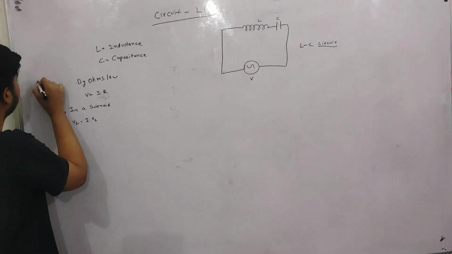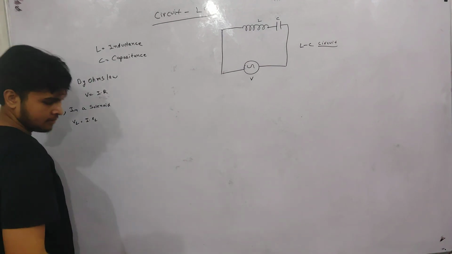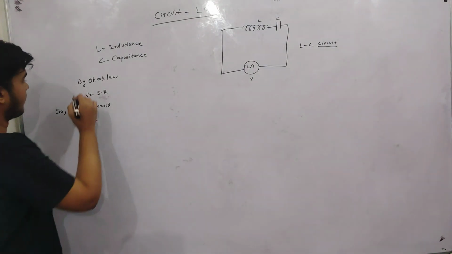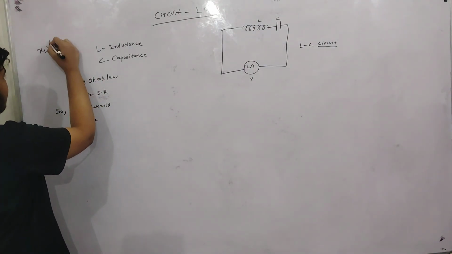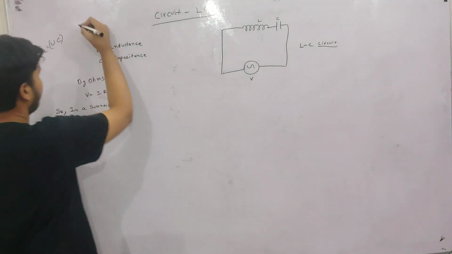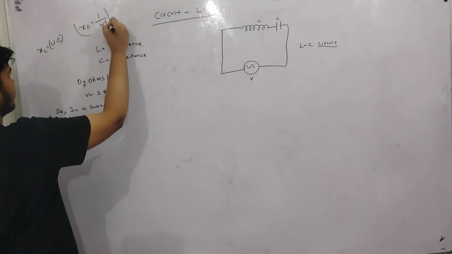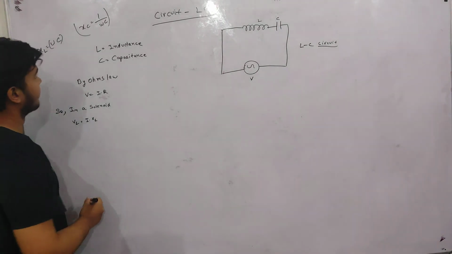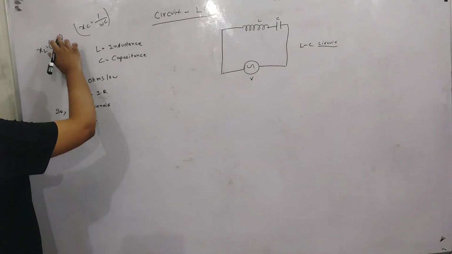XL can also be written as omega L, and XC value will be 1 by omega C, as we have studied in the previous chapter. We will remember this for the derivation: XL equals omega L.